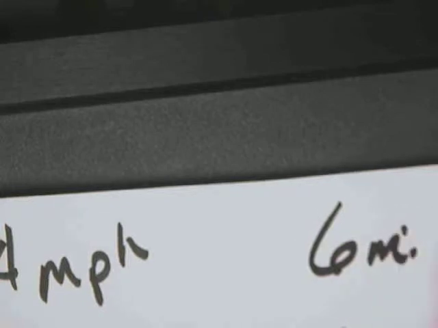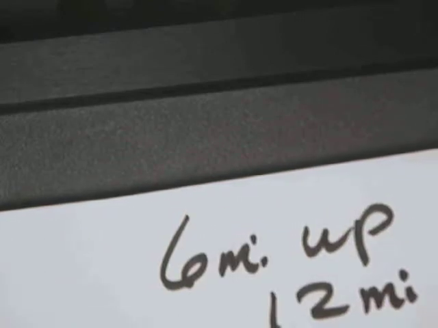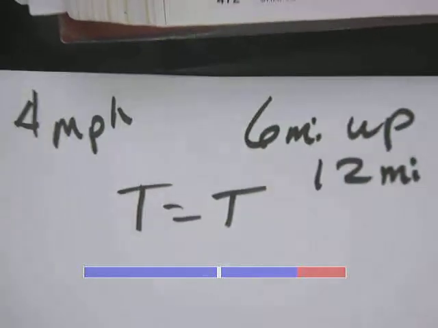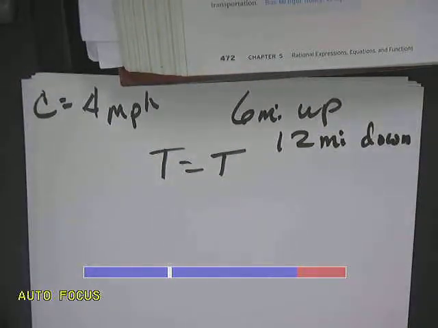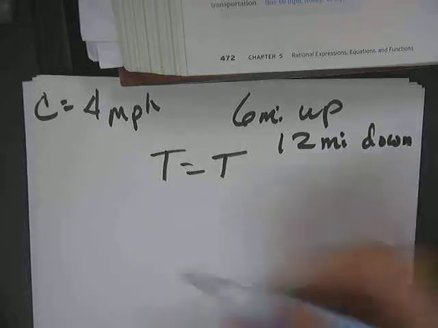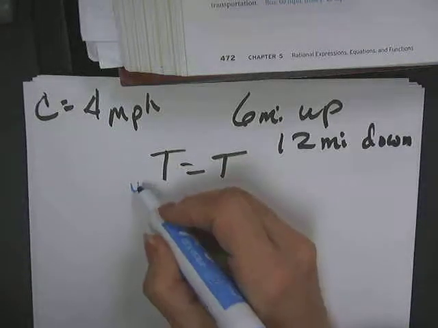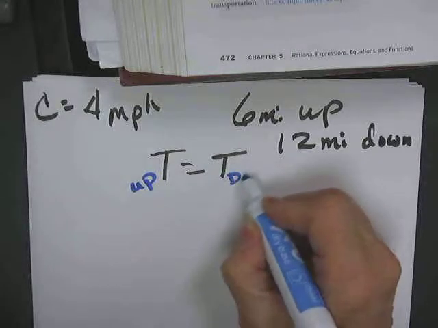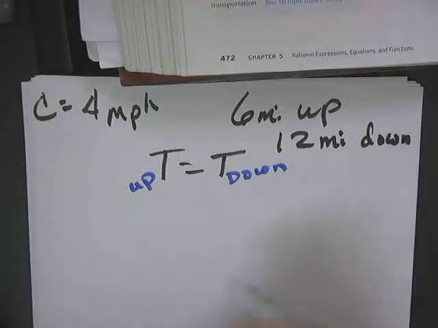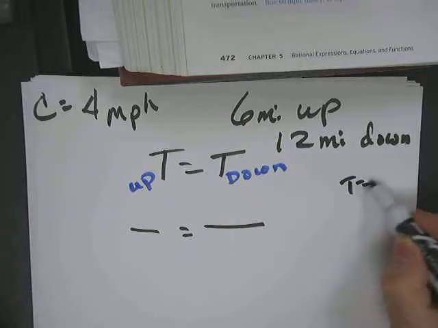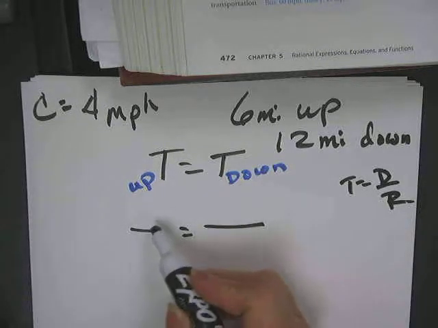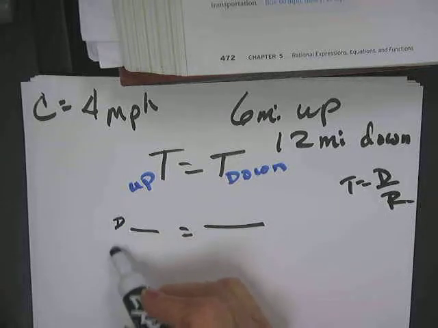What's the speed in still water? You could have switched it to boat. I could have just said boat and we wouldn't know. Okay, it said the same time again. So we know time equals time. It said that the boat went 6 miles upstream in the same time it went 12 miles downstream.